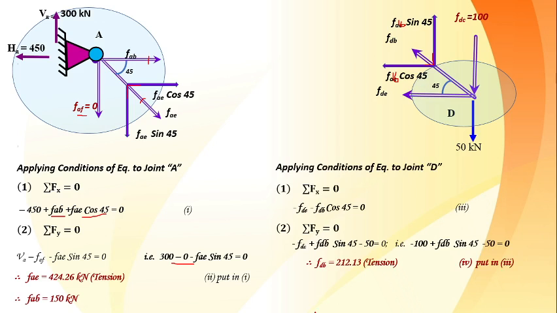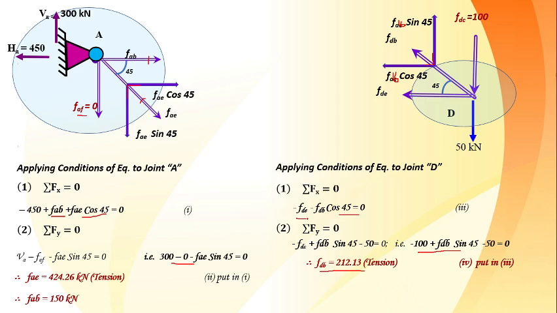After putting whatever is known in this, I got FDB is equal to 212.13. It is positive, which means the assumed direction is correct. Now once you get this value of FDB, put it in equation number 3.